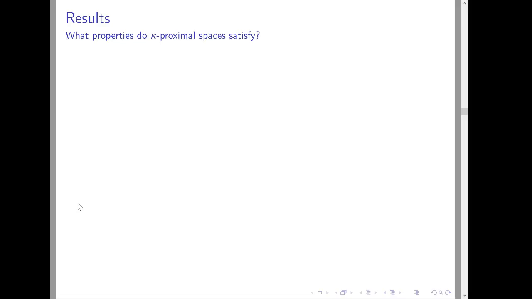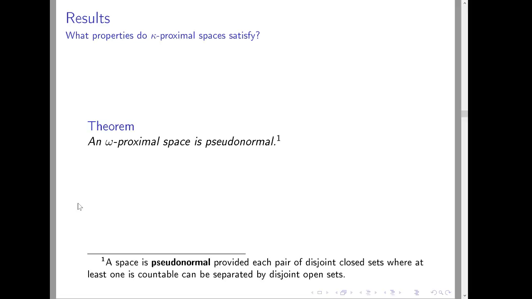So what can I show? Well, I can show a weak form of normality called pseudo-normality. In the case where we have omega proximal, which means aleph-naught proximal, but it's easier to say omega, so omega proximal space. Pseudo-normal just means that you can separate two disjoint closed sets provided at least one of them is countable. So it's a weaker form of normality.